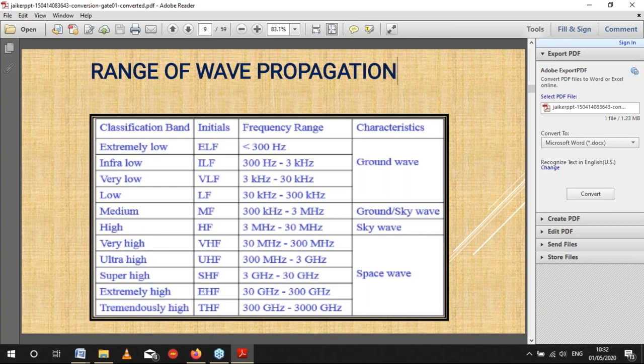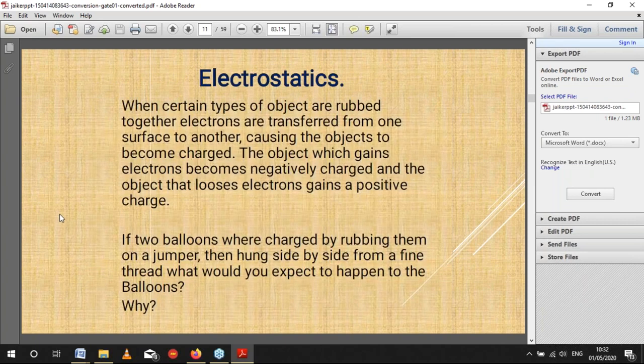When two types of objects are rubbed together, electrons are transferred from one surface to another, causing the objects to become charged. The object which gains electrons becomes negatively charged, and the object that loses electrons becomes positively charged.